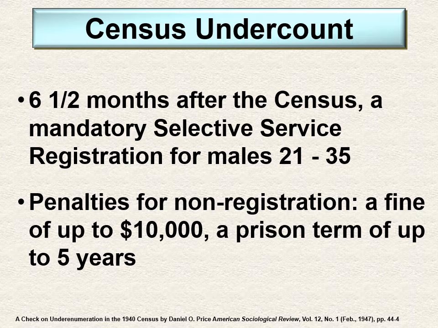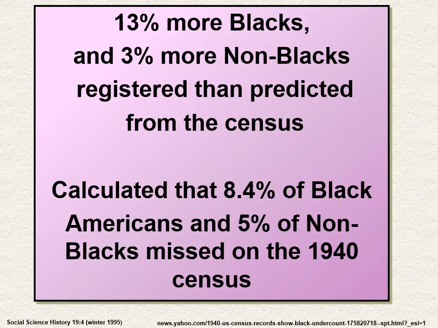There were penalties for non-registration, fines of up to $10,000, and a prison term of up to 5 years. That's not the case of the census. And what they found was that 13% more Blacks and 3% more non-Blacks in that male age group registered than predicted from the census. So they calculated from that that about 8+% of Black Americans and 5% of non-Blacks were missed on the 1940 census.